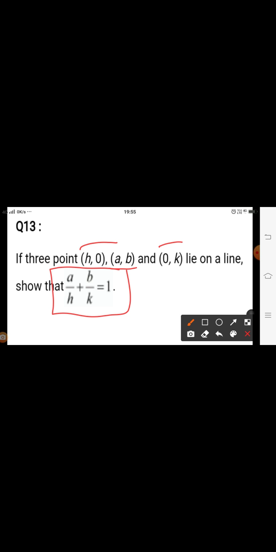Let us solve the next question. Here we have question number 13. If 3 points, given as (0, a), (b, 0) and (h, k), lie on a line, the same concept of collinearity applies. These 3 points are collinear, and this is given to you. If these 3 points are collinear, then you have to show that a/h + b/k = 1. Let us use the same concept here. If the points are taken as A, B, C, then the slope of AB is equal to the slope of BC.